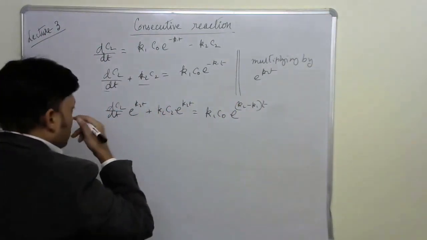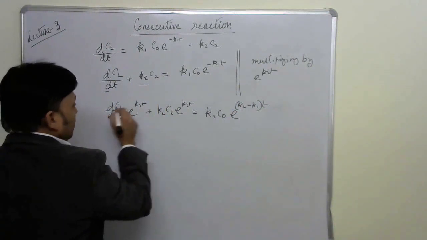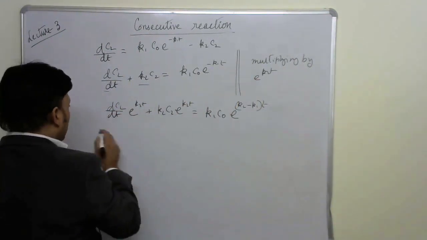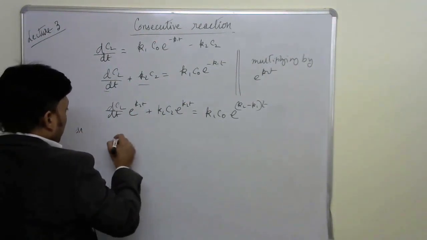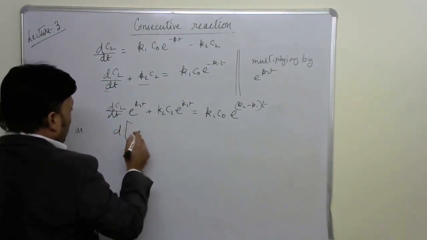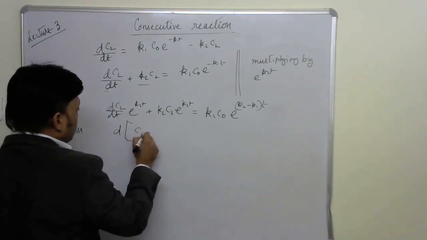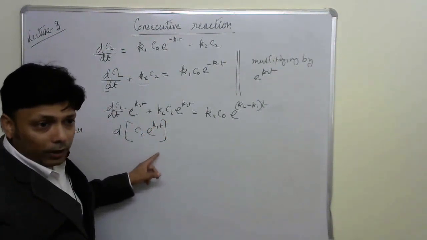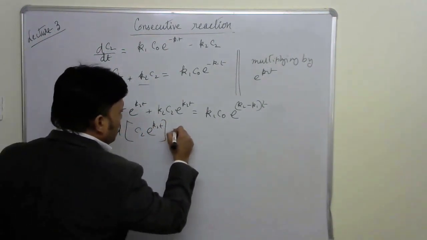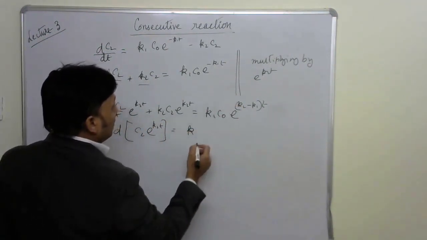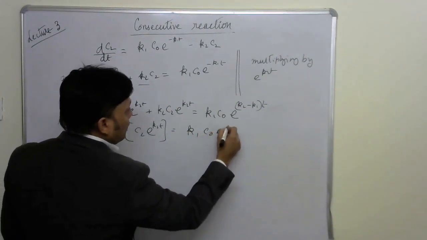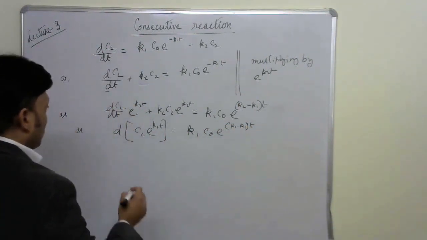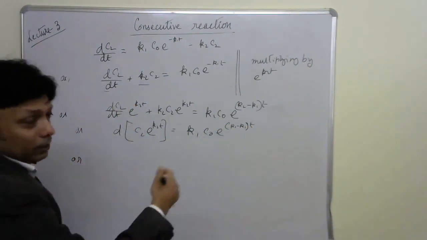All right. Why did we multiply with e to the power K2t? Because if you look carefully at this expression, it is nothing but the d of C2 multiplied by e to the power K2t. Have you seen that? Is equal to K1 C naught e to the power K2 minus K1 multiplied by t. So now we can integrate that.